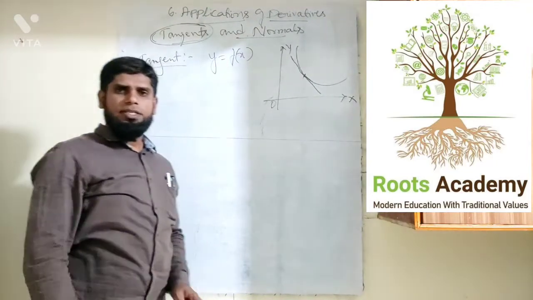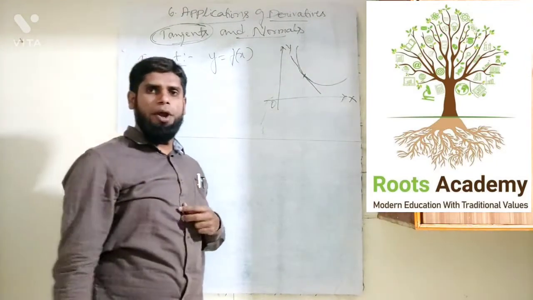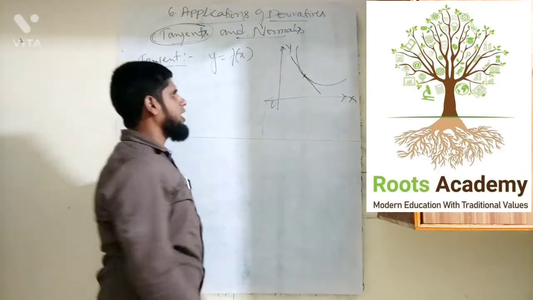Any line that touches a curve at one particular point is called a tangent.